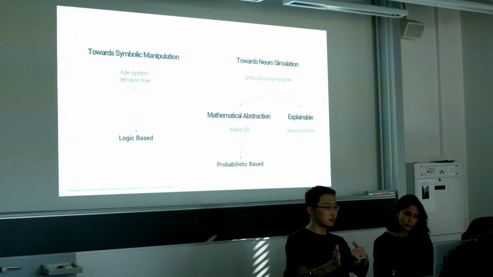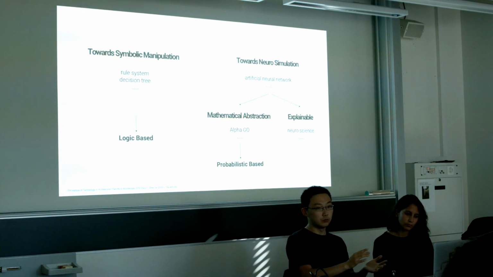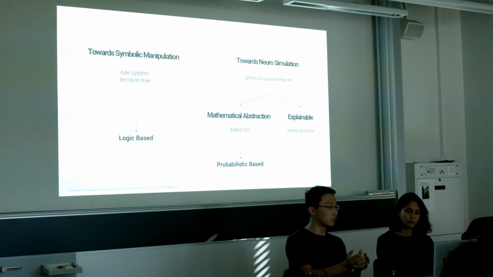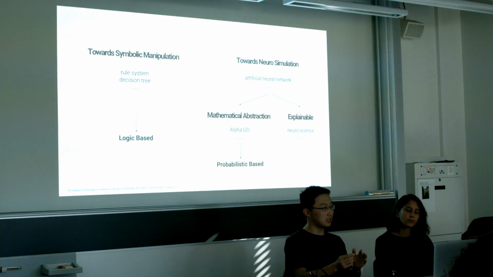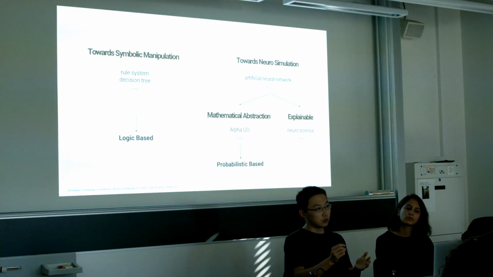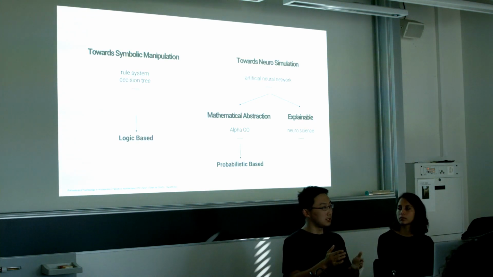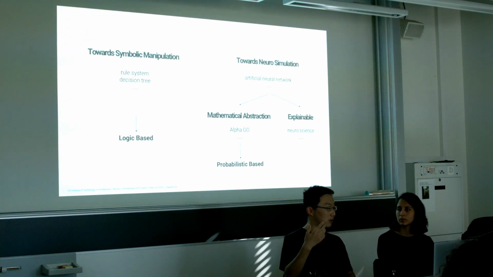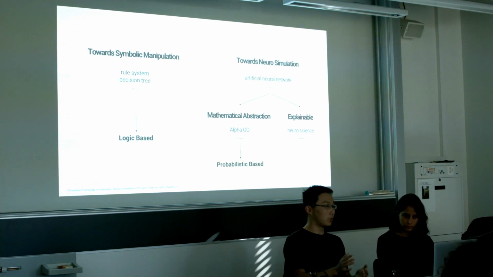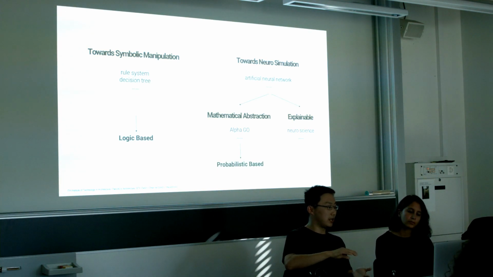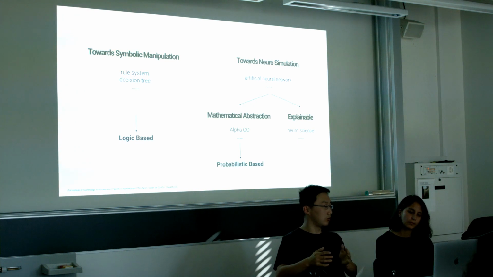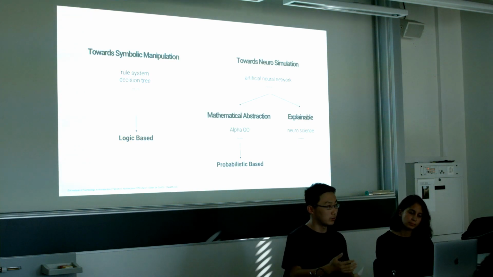Later, this approach separated into two subdomains. One focused more on the mathematical abstraction of such a setup, and the other tried to see if this setup actually explains how our brain works. So one is more on the abstract level, and the other is trying to explain how reality is.